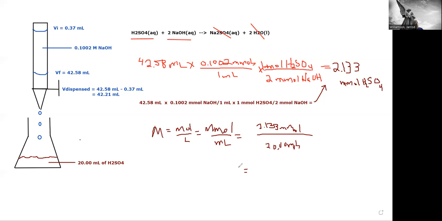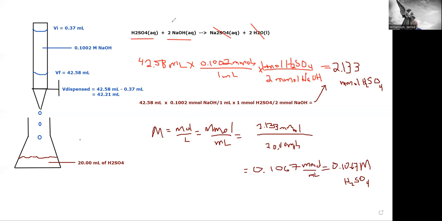That's going to give me 0.1067 millimoles per milliliter, and that'll be the same thing as 0.1067 molarity H2SO4.